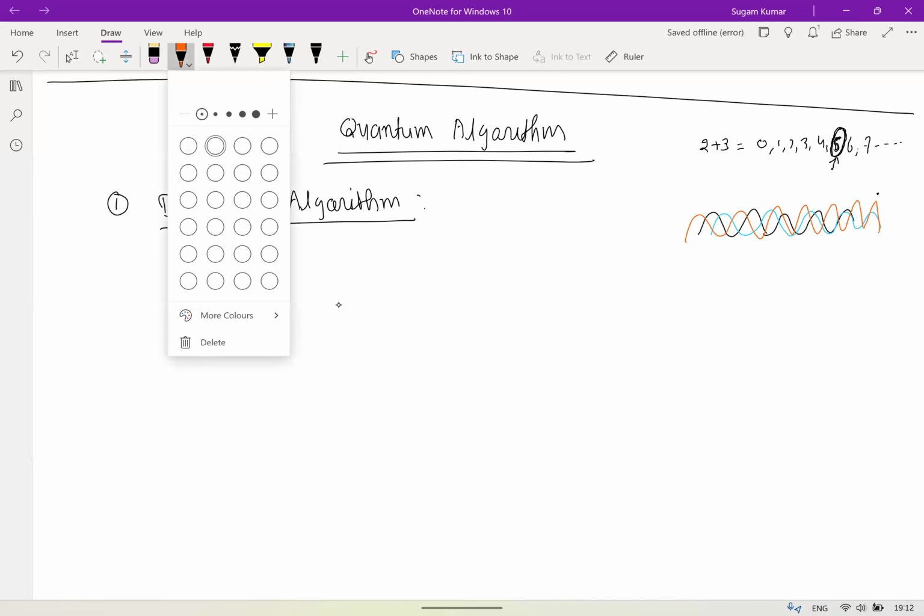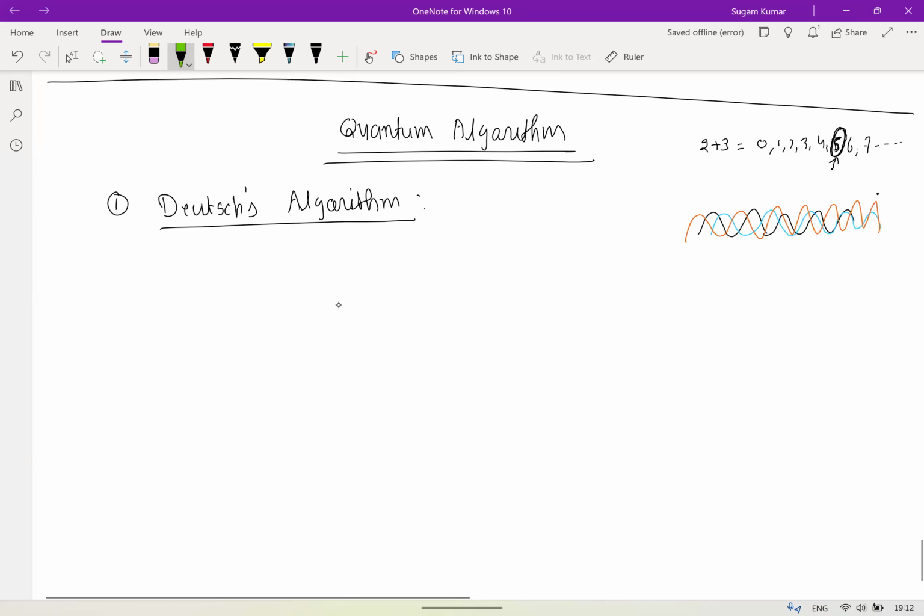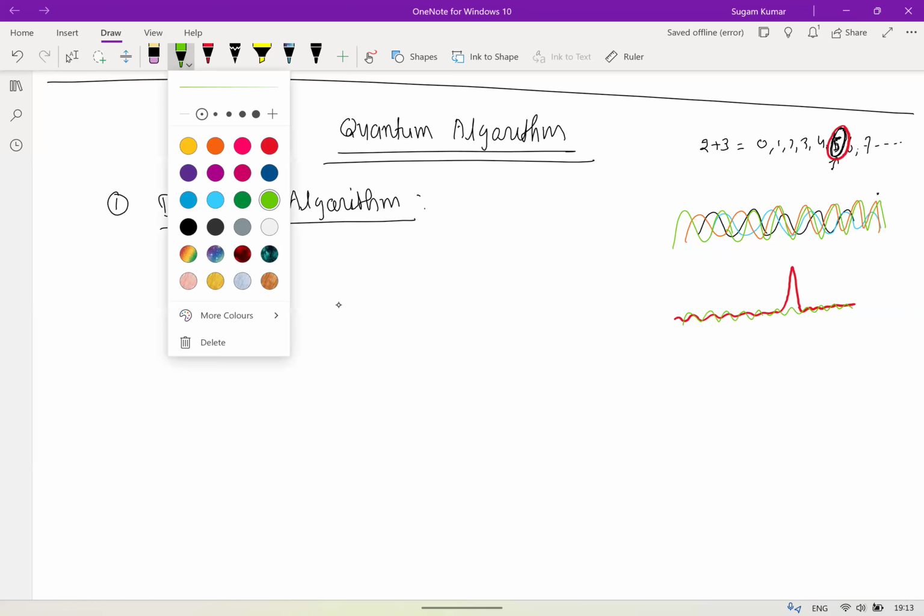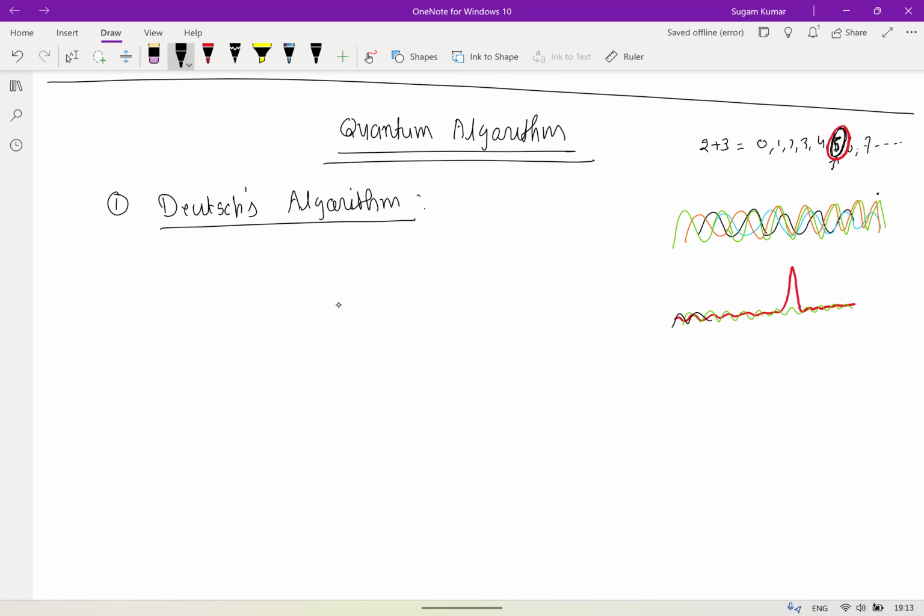So each color is representing, let's say, one type of result, and let us say that this 5 is the red color. Then when you do the superposition, okay, the probability of the 5 will become higher, and the probability of the others will be very small. They will be there, but the probability is going to be very small. So you can see when this 5 result will show up.